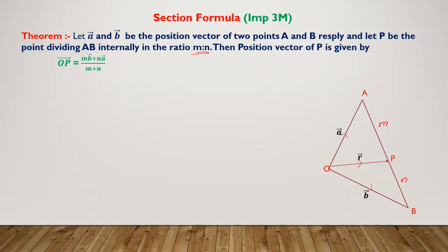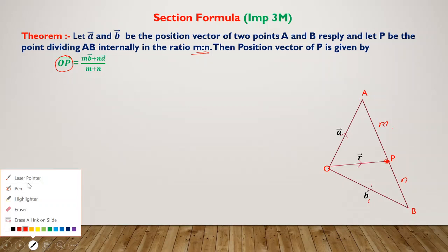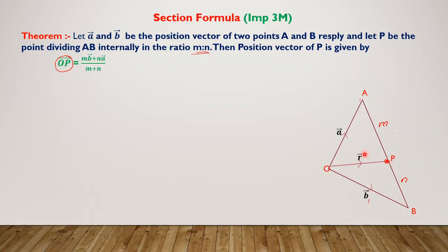Okay, then the position vector of point P. Here B they have given, A they have given. I want to find the P coordinates. So the position vector of point P, that is vector OP, is equal to m into vector B plus n into vector A divided by m plus n.